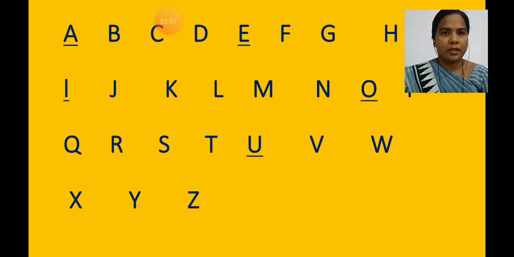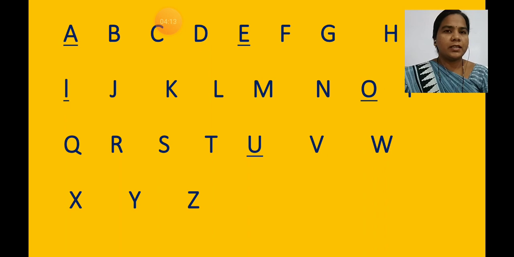Which are they? A, E, I, O, U. Got it, children? So what is the reason behind that?